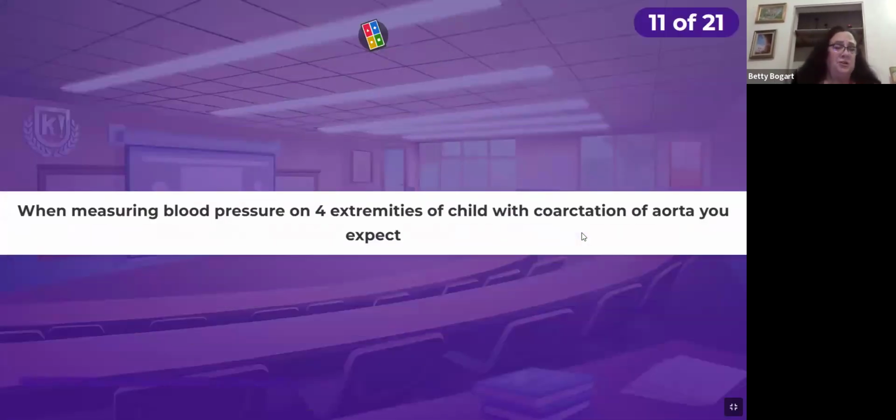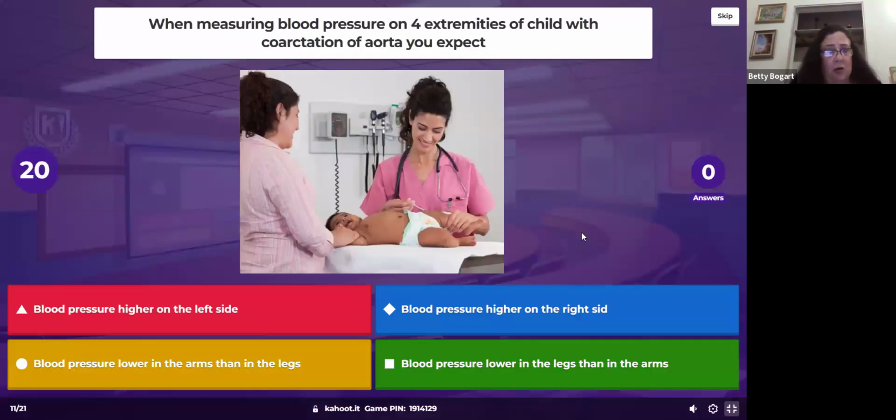When measuring blood pressures on 4 extremities of a child with coarctation of the aorta, what do you expect? What is coarctation of the aorta? It's a kink in the garden hose. Blood can't go down. What happens?